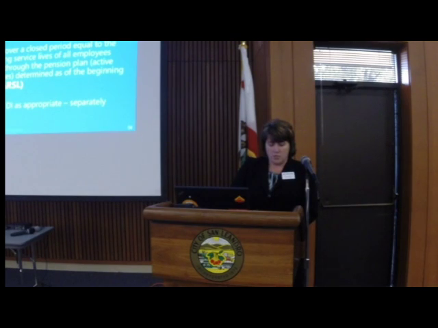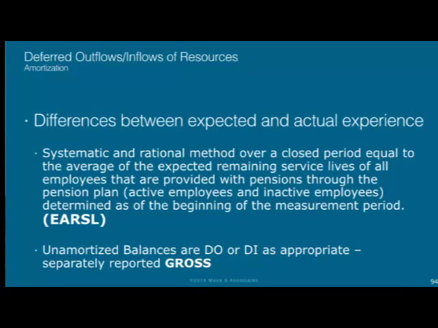So the first to worry about is your differences between expected and actual experience. I'm not going to read these. Thank God. I'm sure you're happy about that. It's just about the basics of these schedules: what is it, and what's the basis for the amortization. For differences between expected and actual experience, it is amortized over that EARSL number, again for your plan. For the pools, it's 3.8 years.